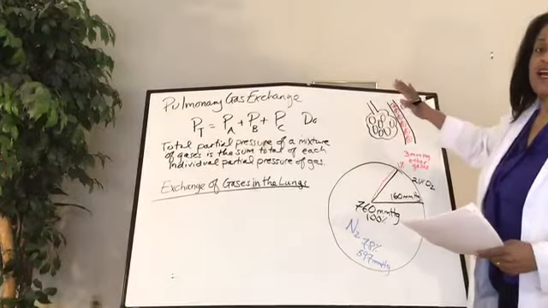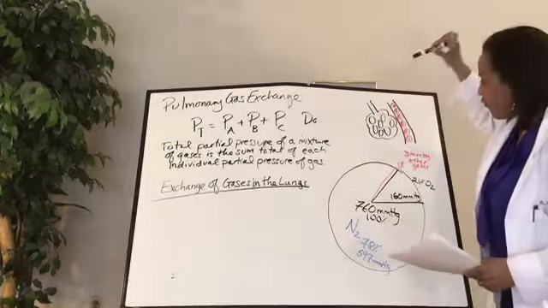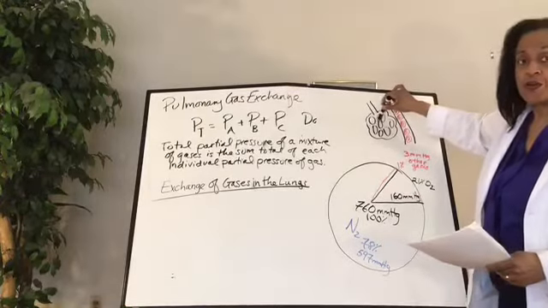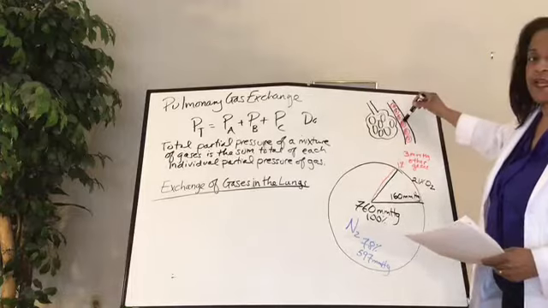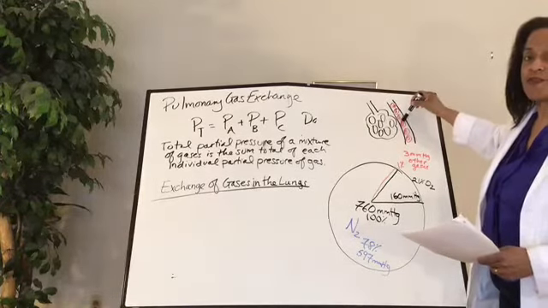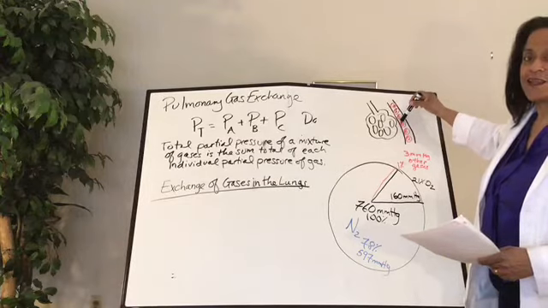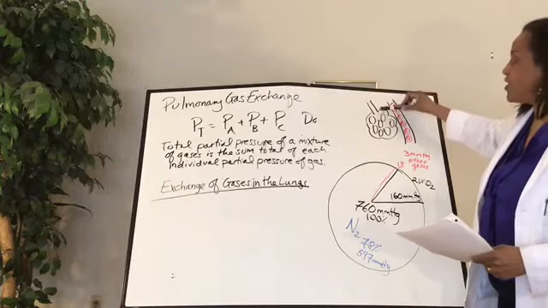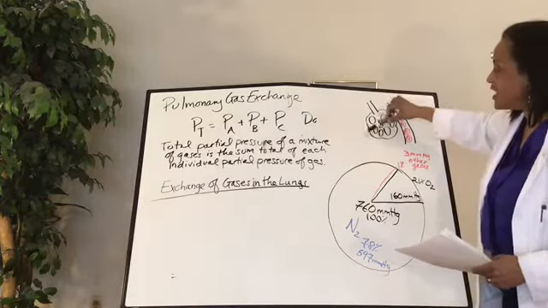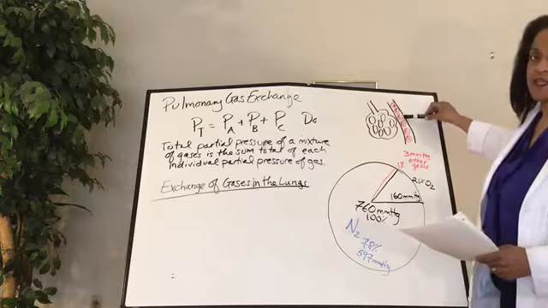What I'm expressing here is a pressure gradient. It's going to go from higher pressure in the lung to a lower pressure in the blood capillaries in the lung. Okay? So the oxygen that's in the alveoli has to be able to get into the blood.